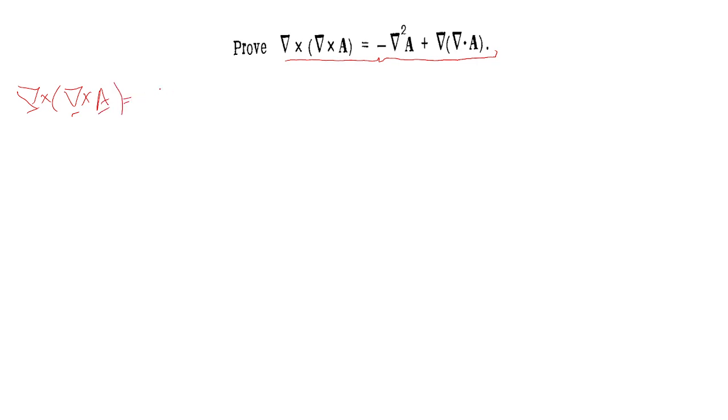is equal to the curl of a determinant. The determinant is i, j, k; partial by partial x, partial by partial y, partial by partial z; A1, A2, A3.